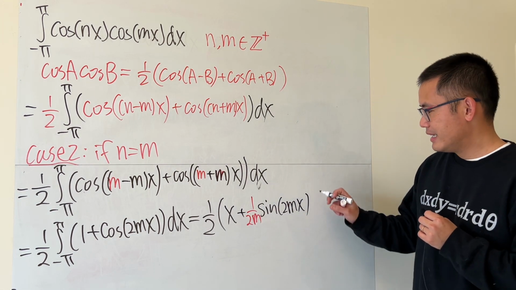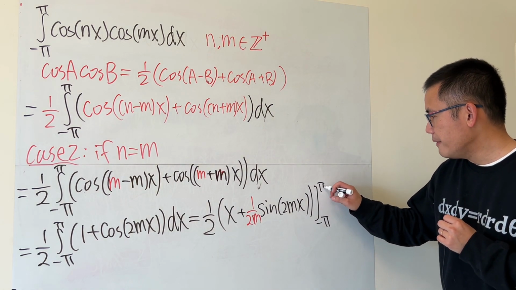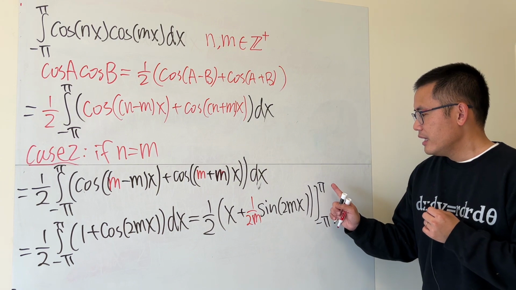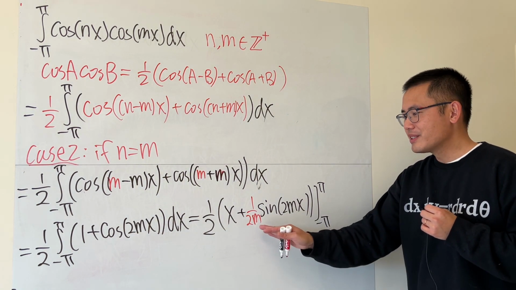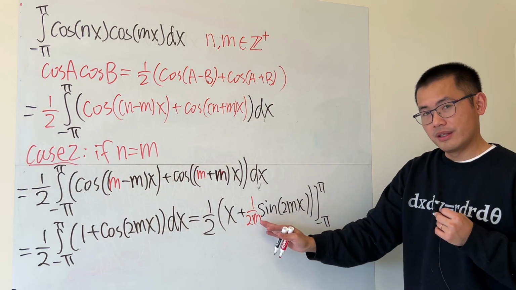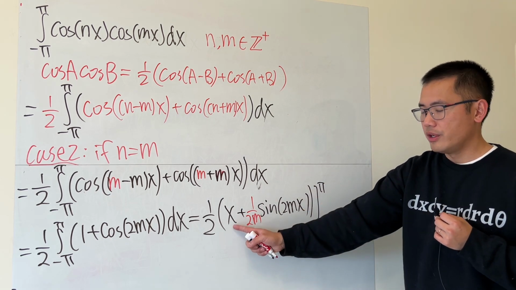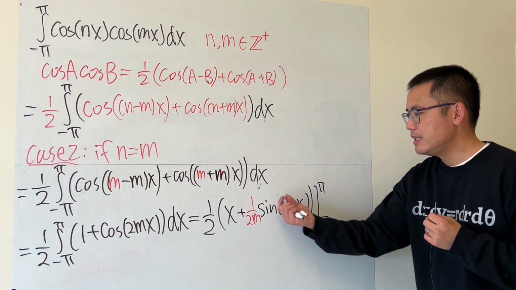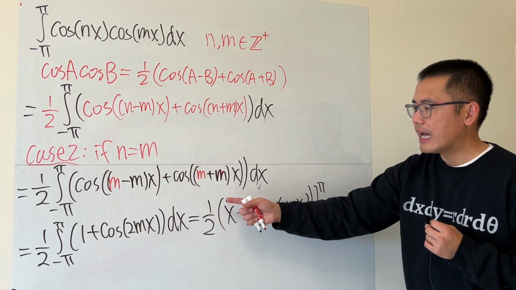Like that. And then right here, again, we have to go from negative pi to pi. Now check this out. This part, again, it's an integer multiple of pi and negative pi. So the second part is 0. M is positive, so we are not dividing by 0. So this part is done. Now if we put pi into here, minus negative pi, the inside will be 2 pi. 2 pi times 1/2.